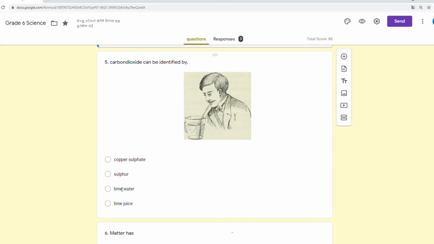If you blow into the lime water, what will happen? Normally, lime water is colorless. It becomes cloudy. Then we confirm the carbon dioxide is there. Likewise, we can recognize carbon dioxide. So your answer should be lime water, the third one.